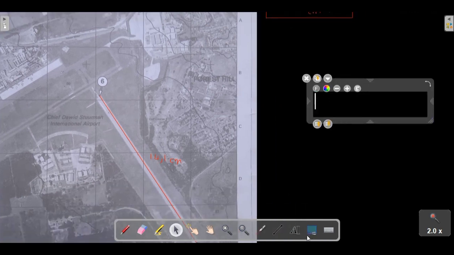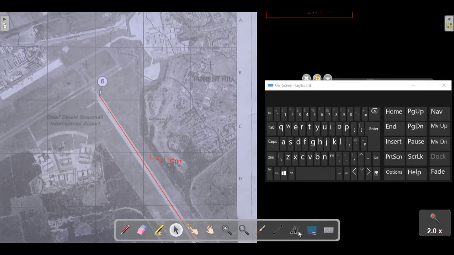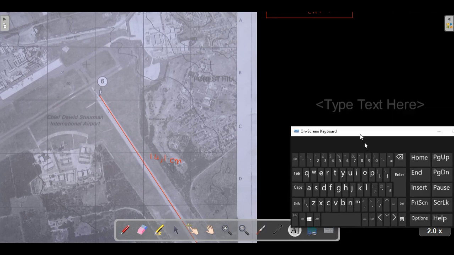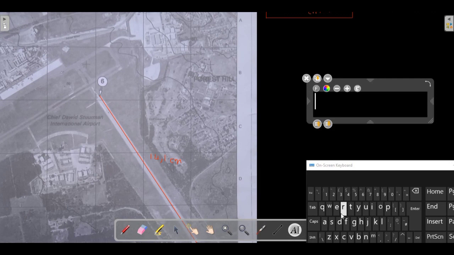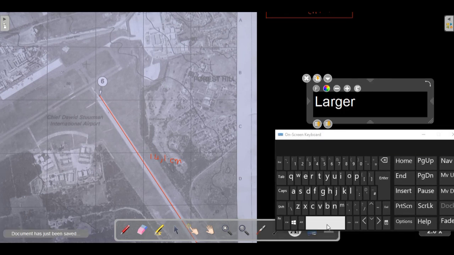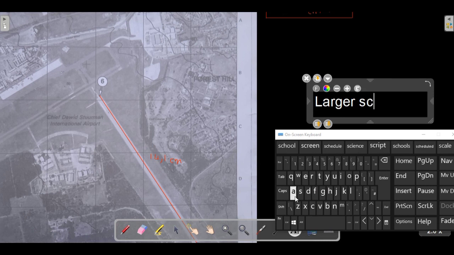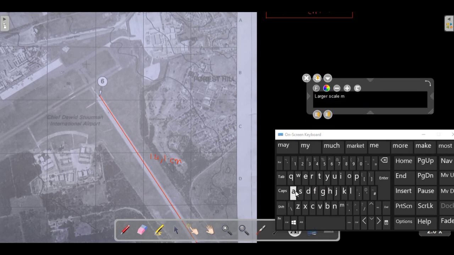We mean that, and a lot of students really confuse this. They are quite confused with this notion that a larger scale map shows more detail. Okay, a larger scale map shows more detail, and because this is a larger scale map, that's why you see a lot of things in detail.